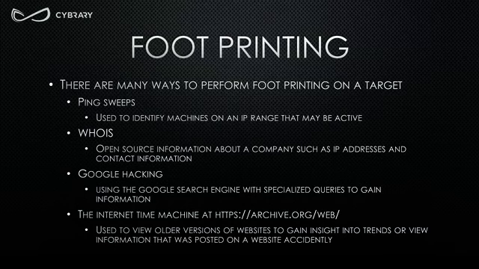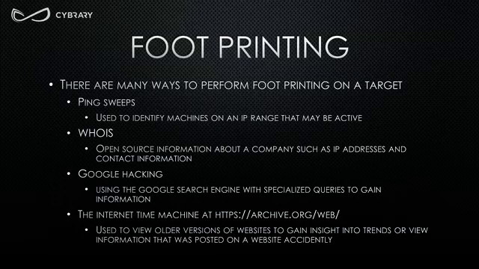You can use Whois, which is an open source information database about companies such as IP addresses and contact info. You can use Google hacking, aka Google dorking, which uses the Google search engine with specialized queries to gain information. And then finally, you can use the Internet Time Machine at archive.org to view older versions of a website.